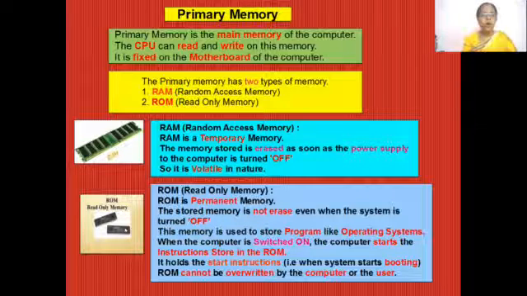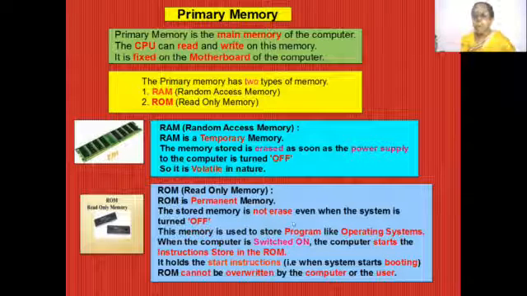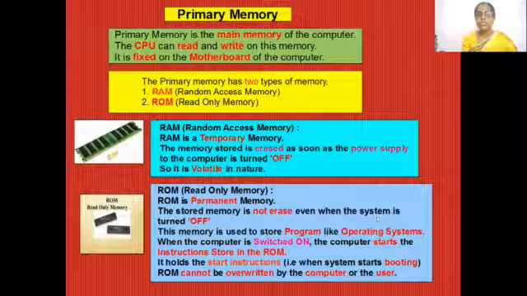Whereas ROM is called read-only memory. This memory is a permanent memory. Whatever is stored inside the computer does not get erased, even if you switch off the system. The reason is that this is all program memory that is stored in your system in the ROM memory.